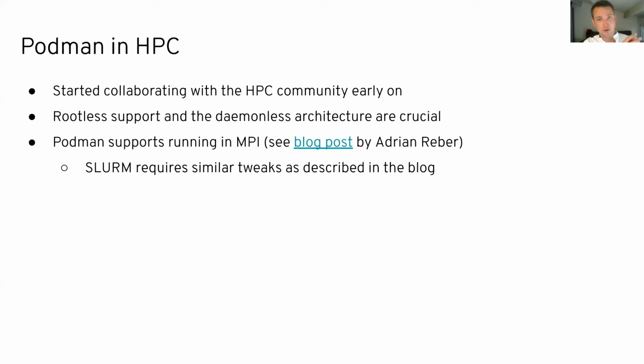As I said before, I'm more an operating systems person, and we collaborate together with the HPC community, with customers and users, to get Podman to play nicely with all these schedulers and tools that are developed and exist in the HPC world.